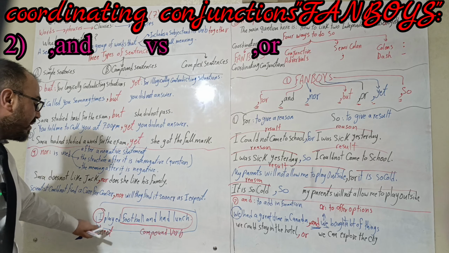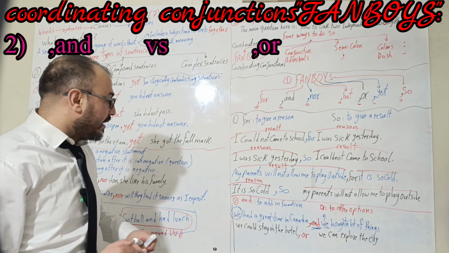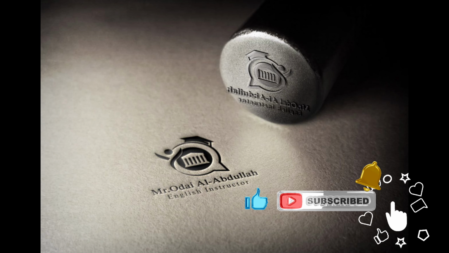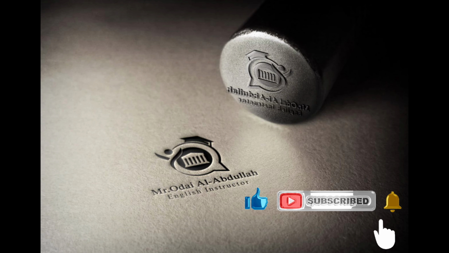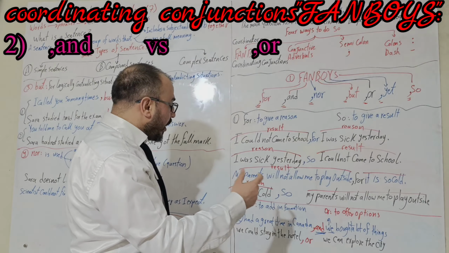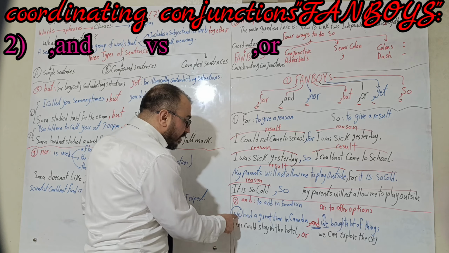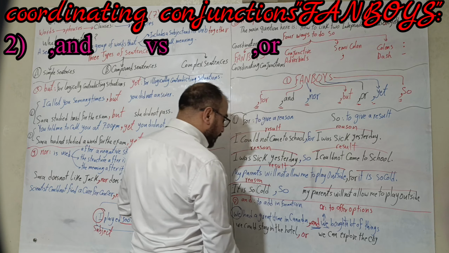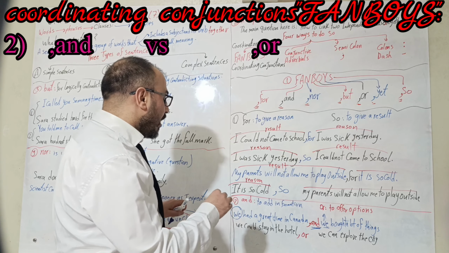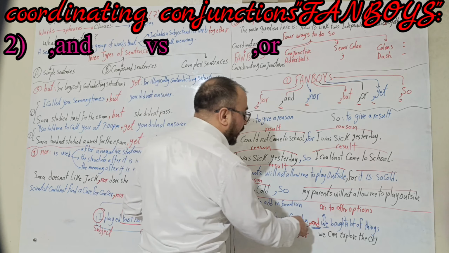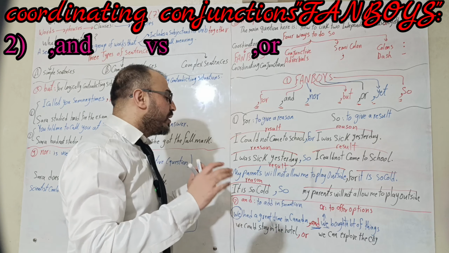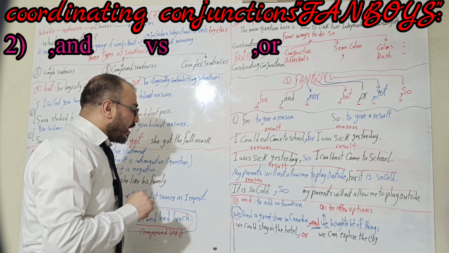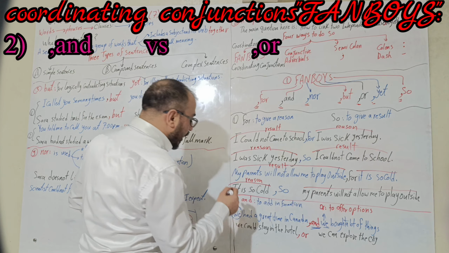As long as I have one subject, it is a simple sentence. On the other hand, if I have more than one subject inside the same sentence, and each subject has its own verb, whether the verb was simple or compound, I say that I have a compound sentence.